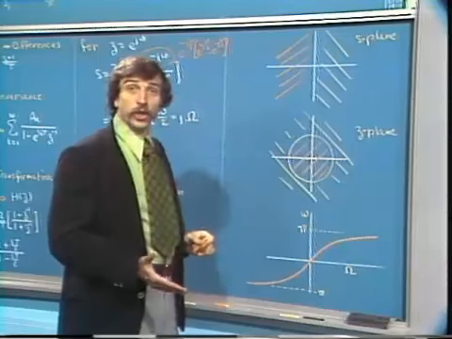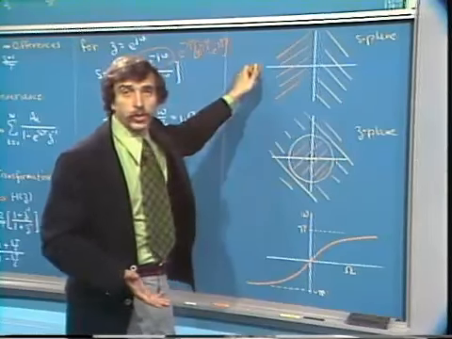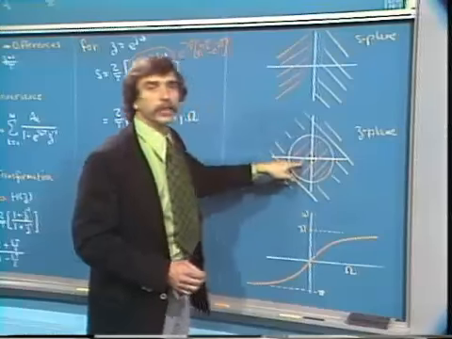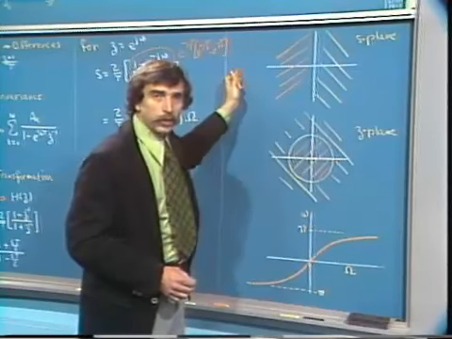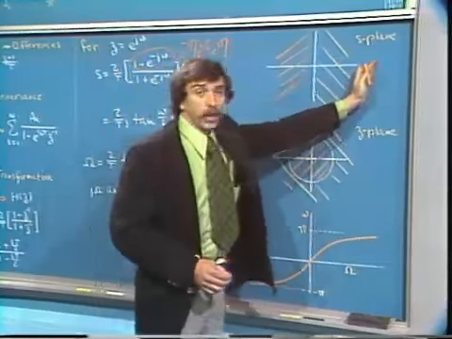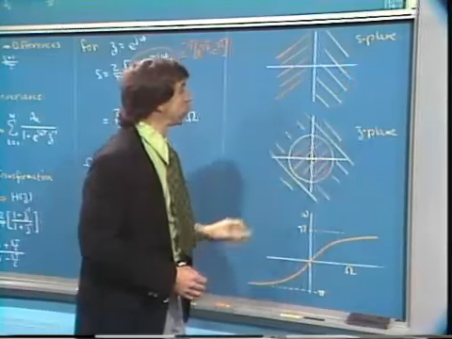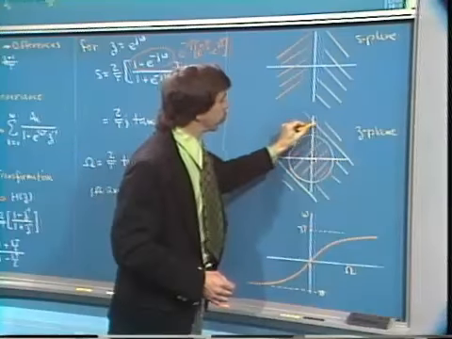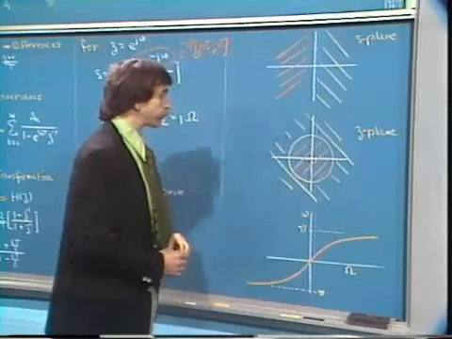Well, that's good, because that says that if we have poles or zeros, but poles is what we really care about right now, if we have poles in the left half of the S-plane, they'll end up inside the unit circle. So if we have a stable analog filter, we'll end up with a stable digital filter. If we have an unstable analog filter corresponding to poles in the right half of the S-plane, then we'll end up with an unstable digital filter corresponding to poles outside the unit circle.